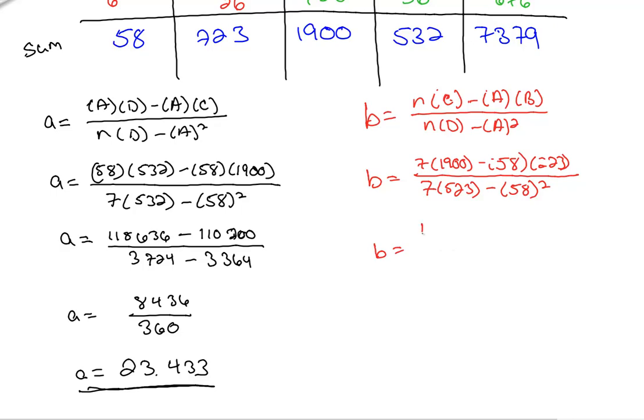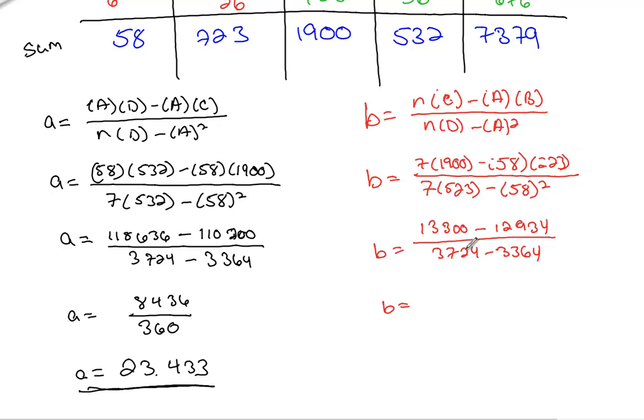So you might need to practice quite a bit with your calculator to see if you're getting these same numbers at the very end. And if you're not, you might need to take it a little bit step by step or something along that nature. Okay, so where I did 7 times 1,900, I got 13,300. When I did 58 times 223, I got 12,934.